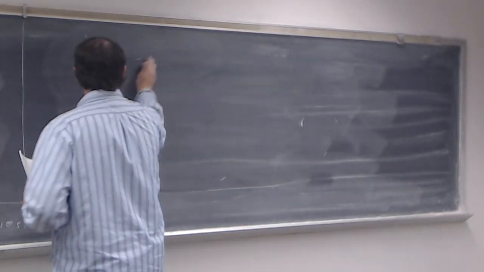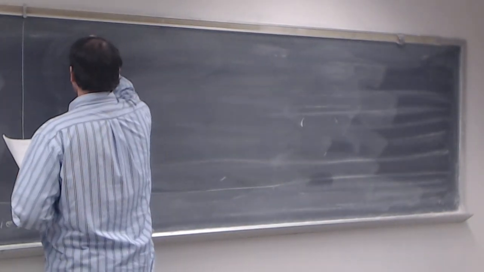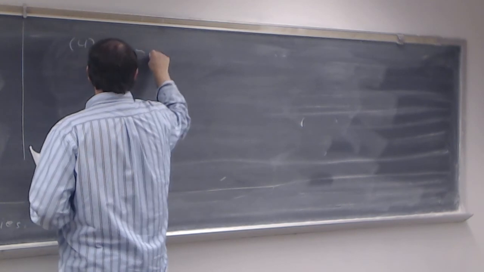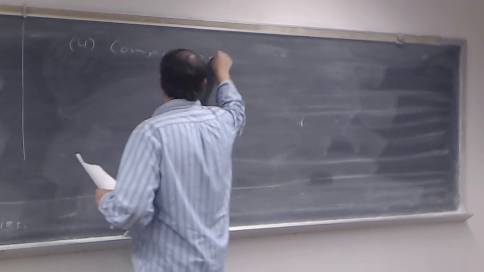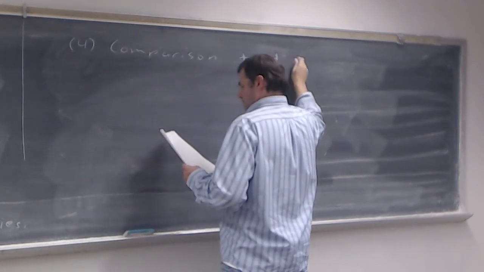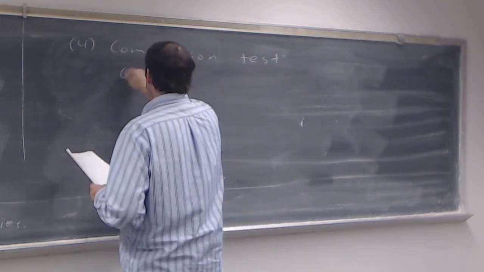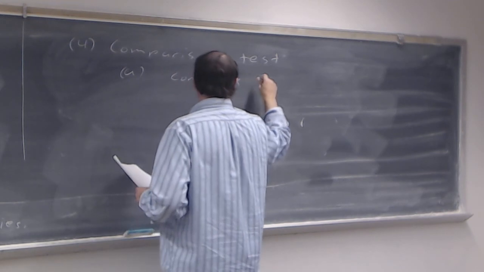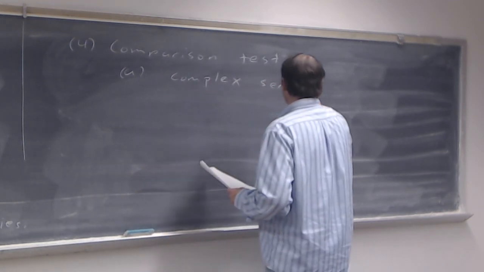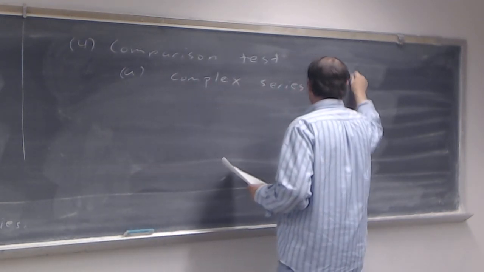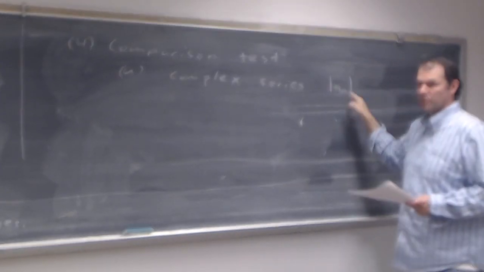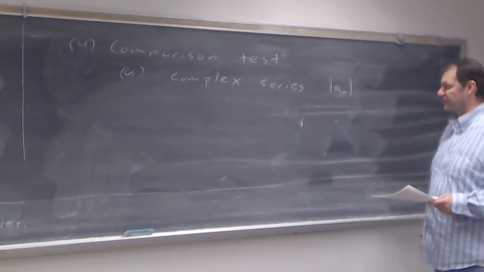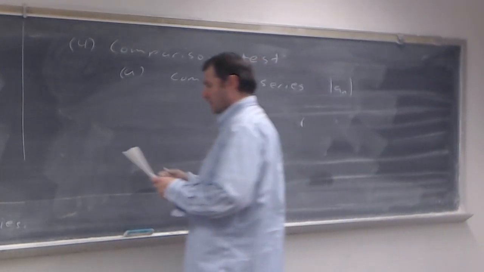Next thing we'll talk about is the comparison test. And it had two parts. And so, just as notes, the comparison test part A is for the part that had to do with A. It was for complex series. You might remember it had to do with the absolute value or the norm, and so that's for complex numbers.